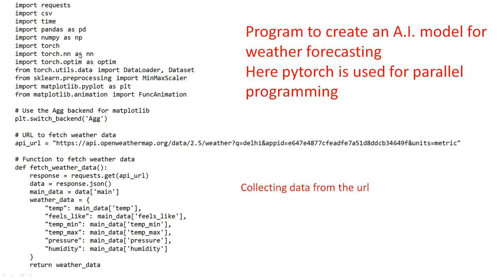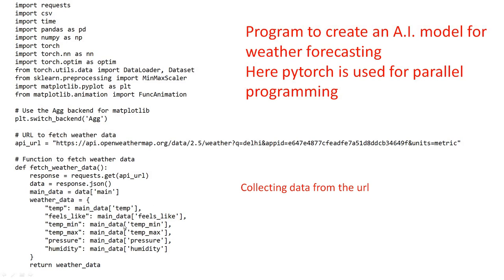See that we need to import certain libraries like CSV, pandas, torch, etc. Then we also have libraries for plotting. The API where we are reading the data is openweathermap.org.